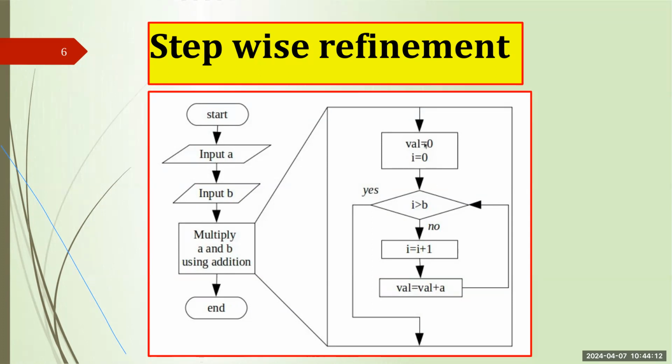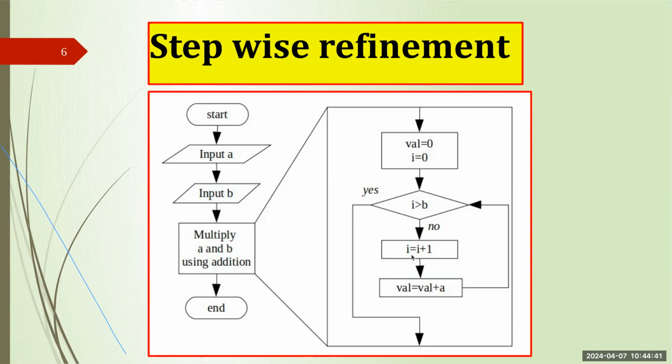Value is 0 the first time, and then we input A. Suppose A is 2, we input 2 for A, and we want to find the multiplication 2 into 3. 2 into 3 is 6.